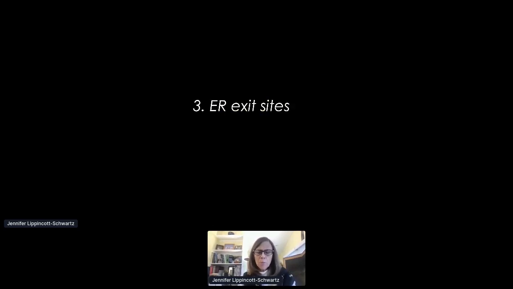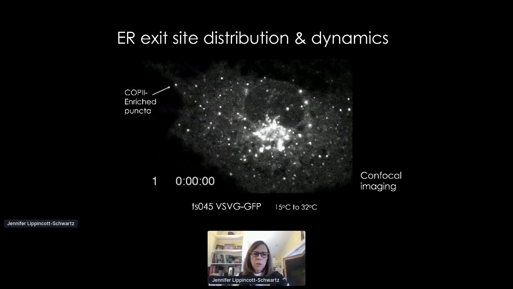So in the final part of my talk, I want to move to another subdomain of the ER, ER exit sites that are involved in protein secretion. Now, if you look at these ER exit sites using confocal microscopy, what you can see is that they're scattered all over the surface of the ER.